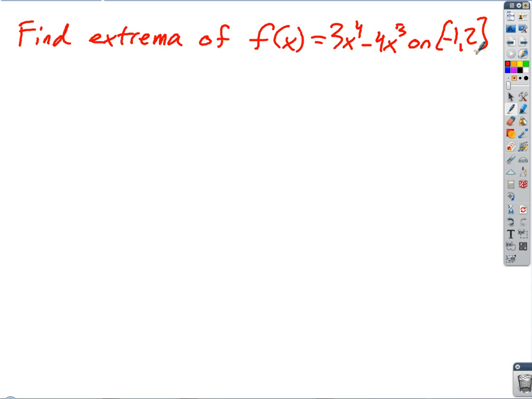Find the extrema of f of x equals 3x to the fourth minus 4x cubed on that interval. What do you propose we do here? Take the derivative. Sure, let's take the derivative. So what is our derivative? 12x cubed.